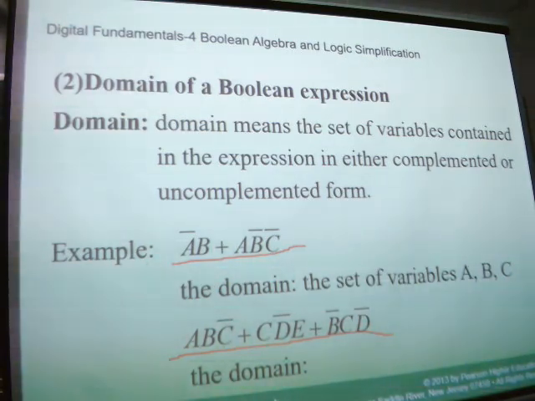Please note this expression, contained in either complemented or uncomplemented form.